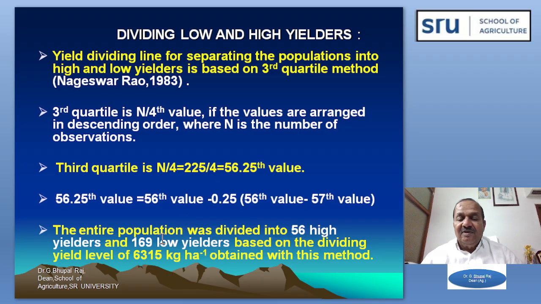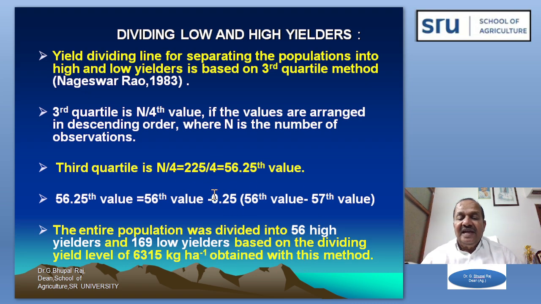Based on this value, our entire population was divided into 56 high yielders and 169 low yielders, with a dividing yield level of 6,315 kg per hectare obtained by this method.